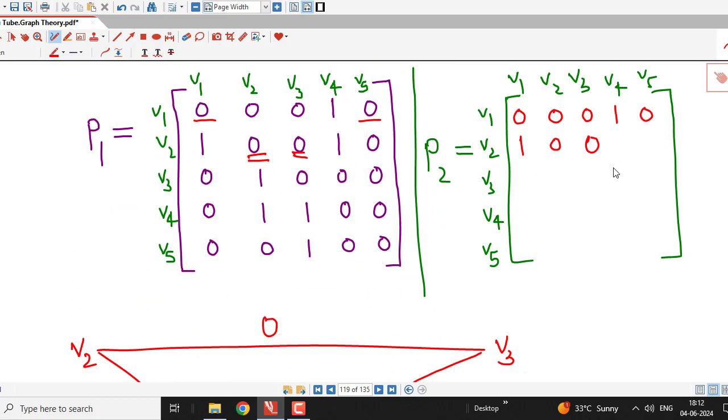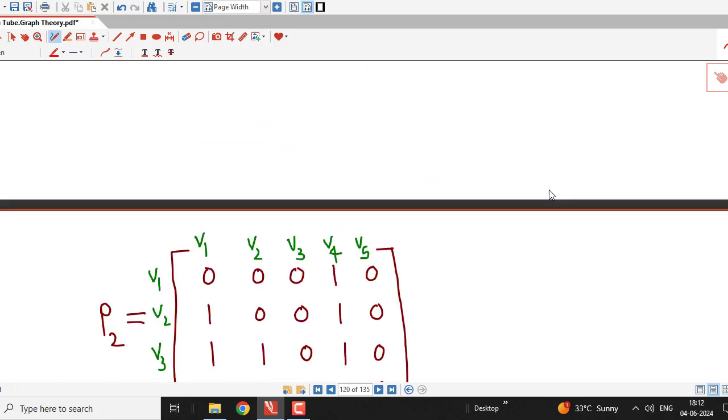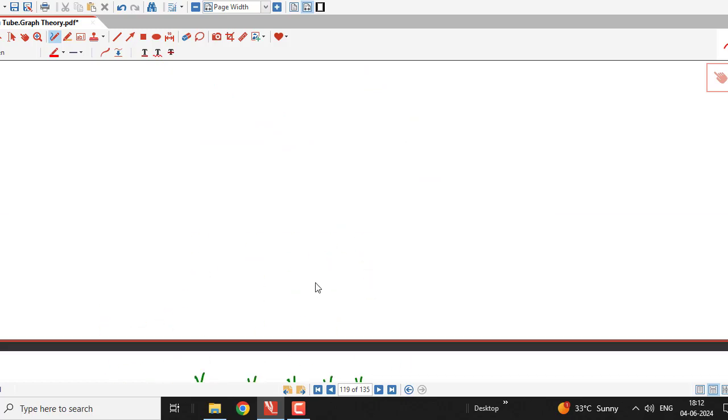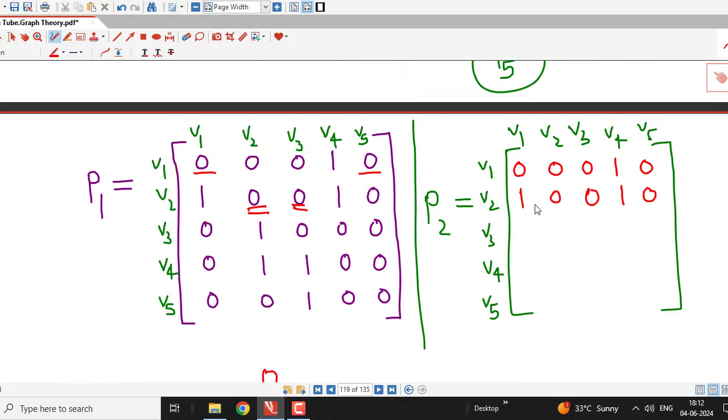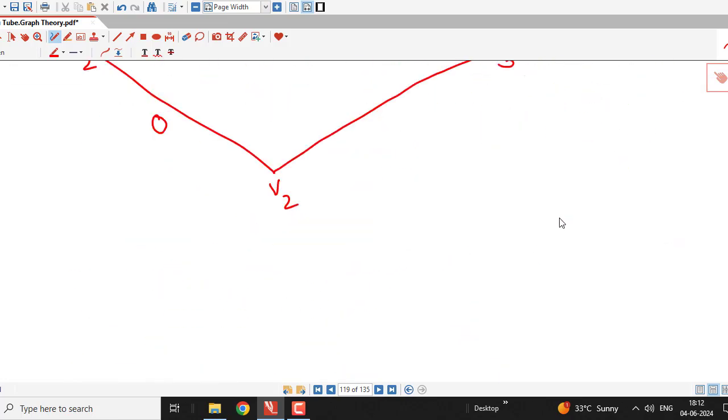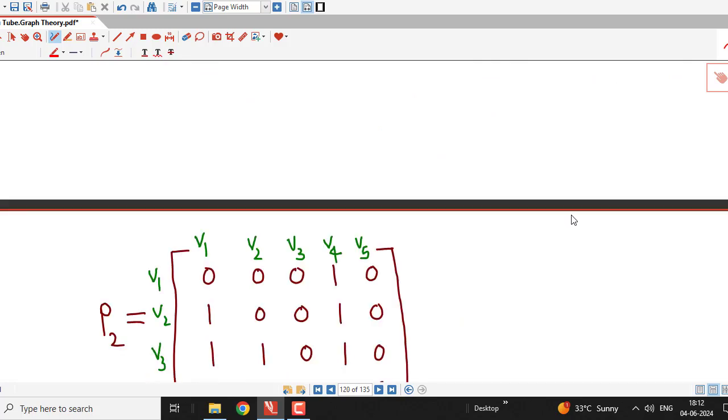So we write 0. And from V2 to V4 we have 1, and you can check similarly. So I have written P2 also, 00010, 00010 and 10010. That is the second row, 10010.